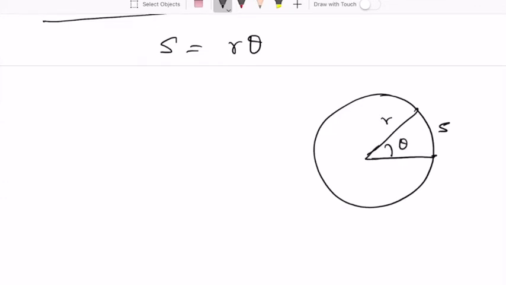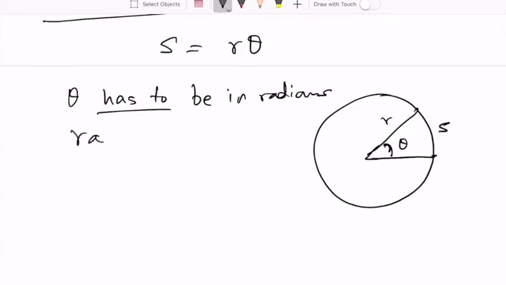Okay, so S is equal to r theta. Now, in this formula, you should always remember that theta has to be in radians. If you use degrees for theta, you're going to get the wrong answer. So theta has to be in radians, right? And radians are unitless. They're pure numbers, right? Okay.